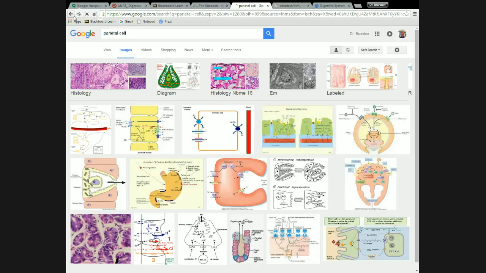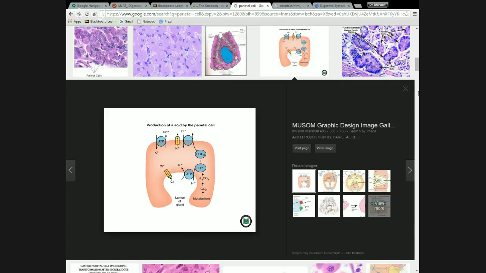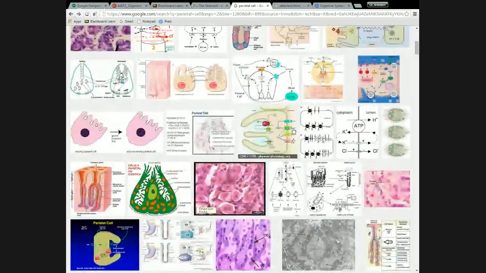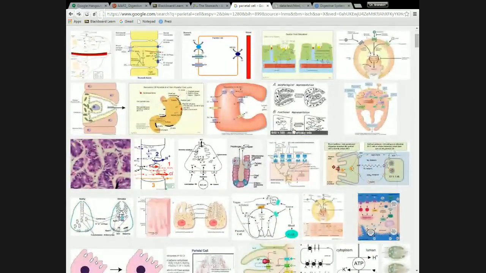So this image is a little too small. This was not the one that I found Wednesday night. Let me find a better one. Where did it go?